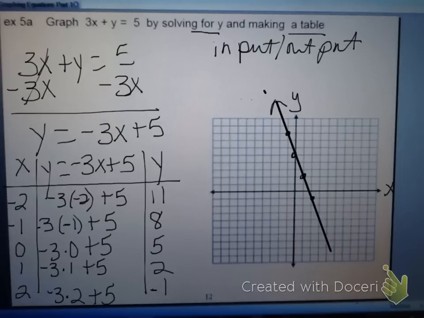Again, draw your line past your points and put arrows past the point. Put the arrows at the end.